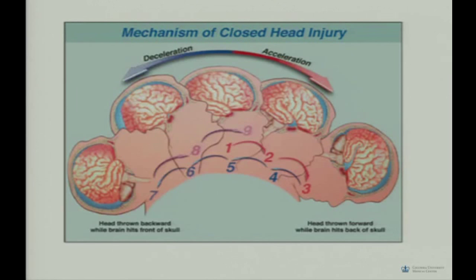And then they regain their function. And then in a more severe way, those axons can get physically damaged. And now information flow from one place of the brain to the other is affected. So diffuse brain injury is also sometimes referred to as diffuse axonal injury.